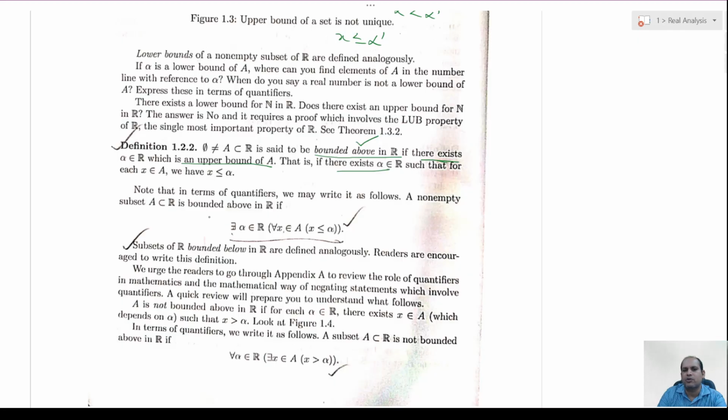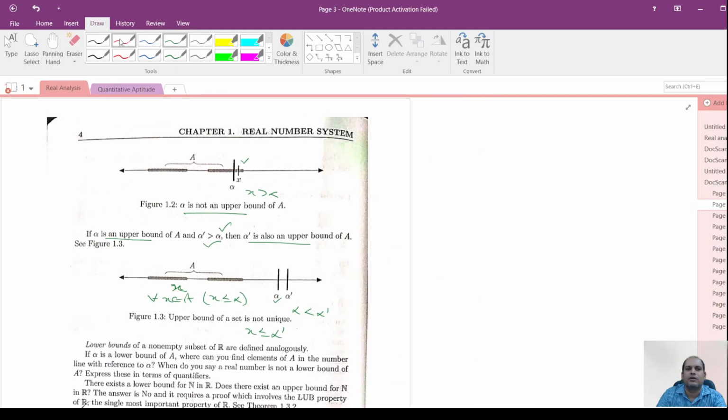In terms of quantifiers, any non-empty subset is bounded above if there exists at least one alpha belonging to R, at least one.